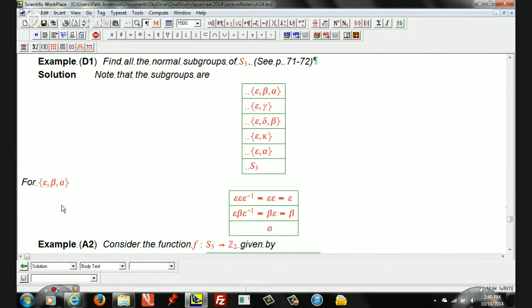And when I do epsilon alpha epsilon inverse, epsilon alpha is just alpha, epsilon inverse is epsilon, and that's just equal to alpha. So all of those are in my set. So the first element from X works with everything in the group.